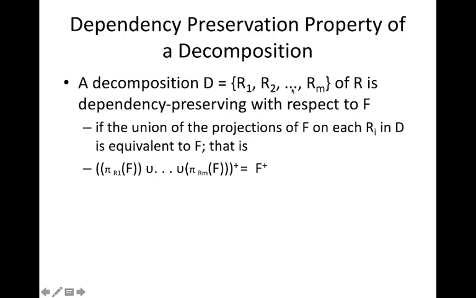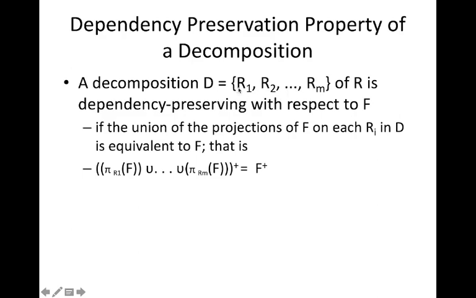So if you decompose like this, then it is dependency preserving. If F is the set of functional dependencies on R, we have this F closure, that is, all the functional dependencies that can be derived from F. Then we have some projections: in R1 we have some functional dependencies, in R2 we have some functional dependencies, in Rm we have some functional dependencies.